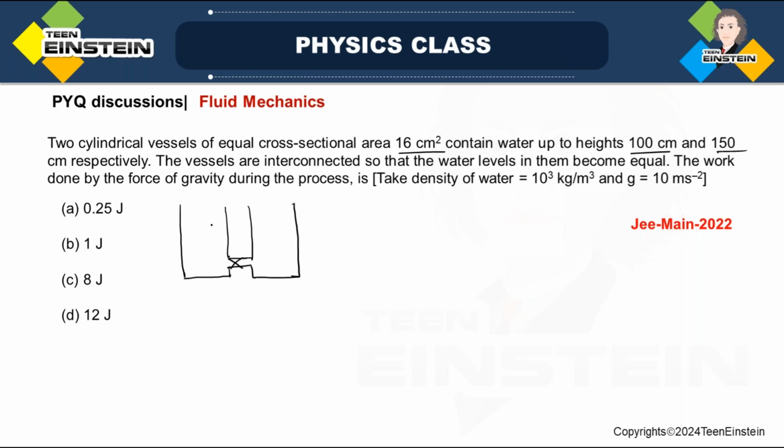One has liquid up to 150 centimeter. Let me write this as H1, which is 150 centimeter. H2 is a little less, that is 100 centimeter. When this lock is opened, they will be interconnected, and they will try to do this.